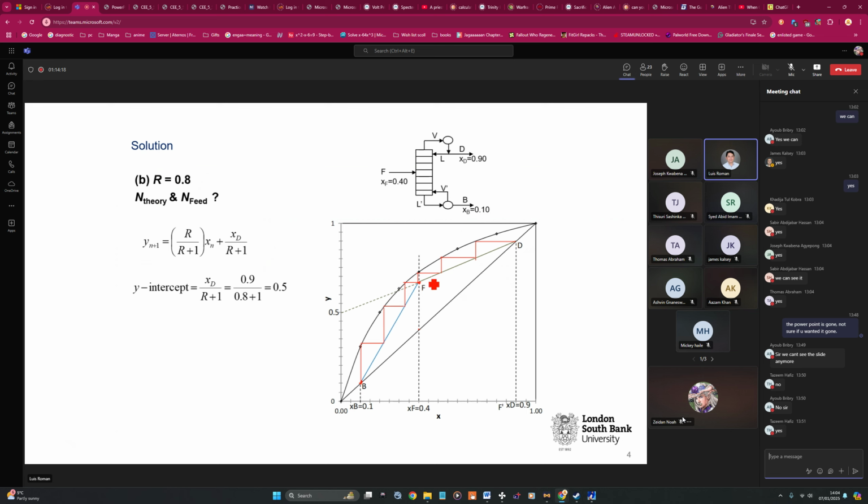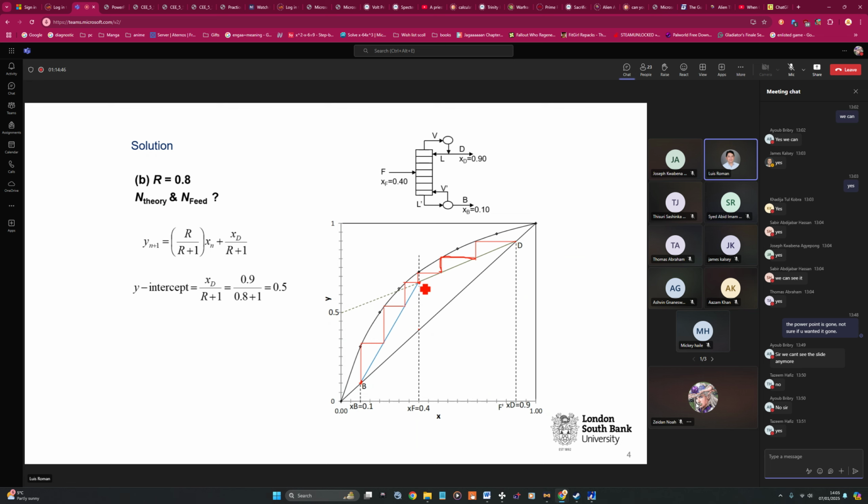Once we have those 2 operating lines, we can draw the staircase starting from the distillate. I prefer always to start from the distillate point. So you draw your horizontal line to the equilibrium curve, and then your vertical line to the rectifying operating line, and then back to the equilibrium, and down to the operating line, and so on.